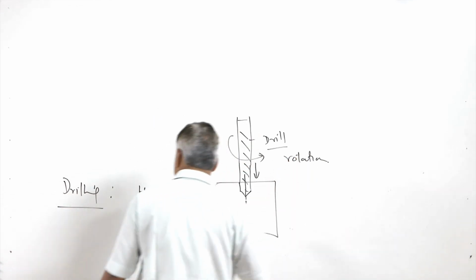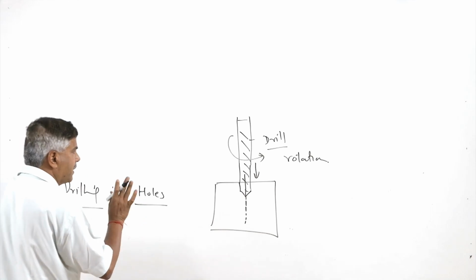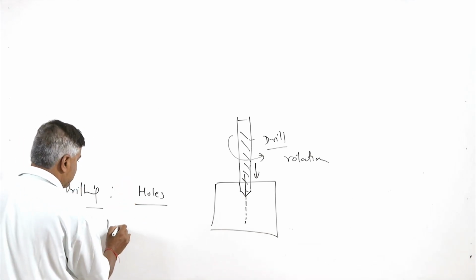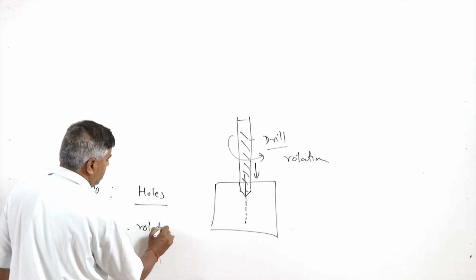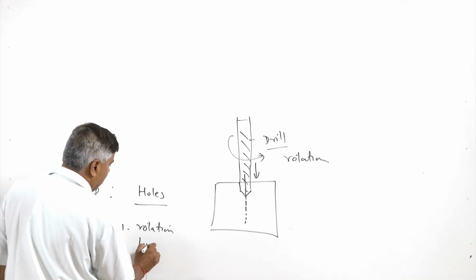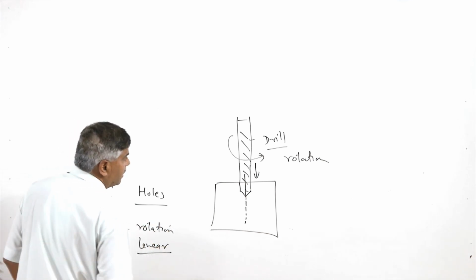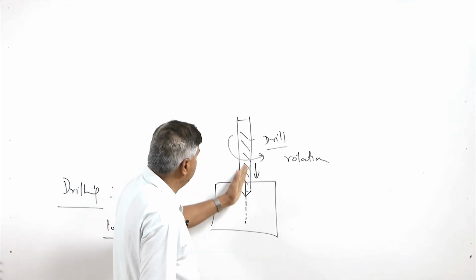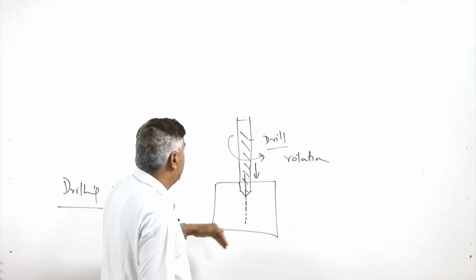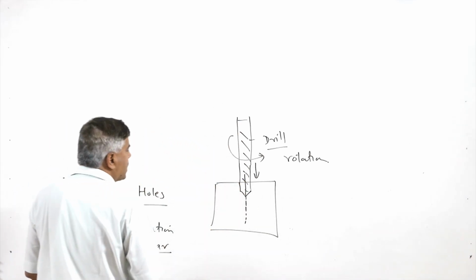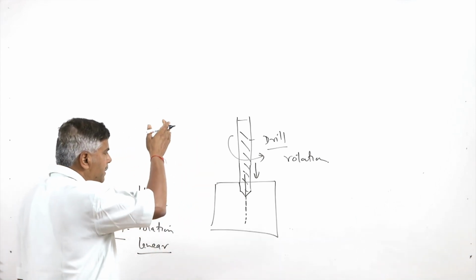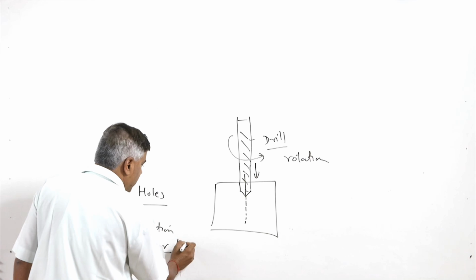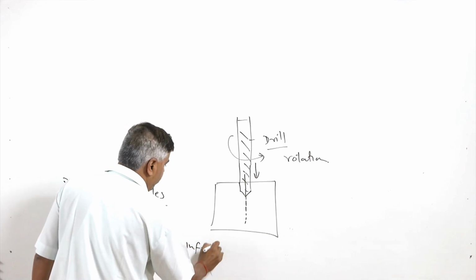In this case the workpiece is fixed, but the tool is given two motions. One is the rotational movement and another is the linear movement, which is parallel to the axis of rotation of the drill, given in the form of feed.